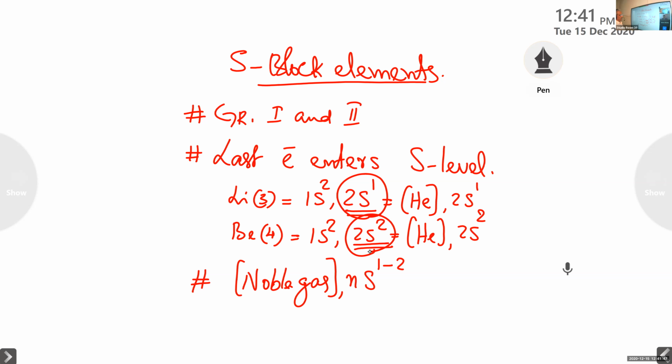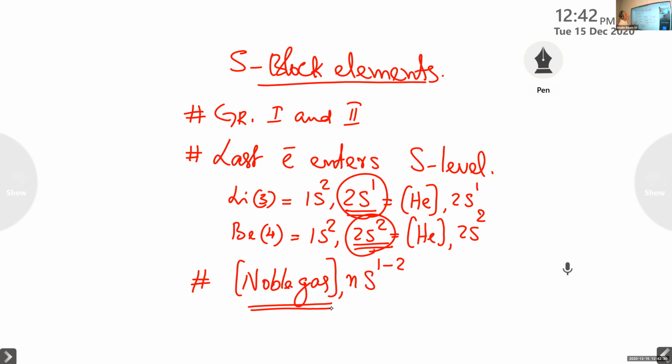In group 1, there is an ns1 configuration in the outermost level, and in group 2, there is an ns2 in the outermost level. So in general, the s block elements, all of which are metals, have the general electronic configuration of a noble gas core and ns1 or ns2.